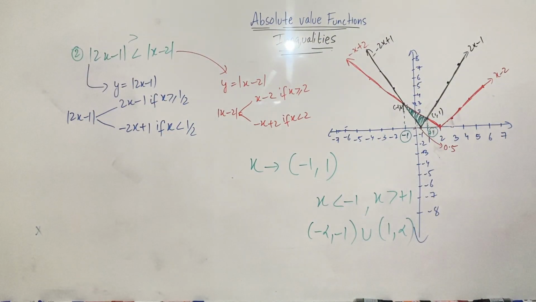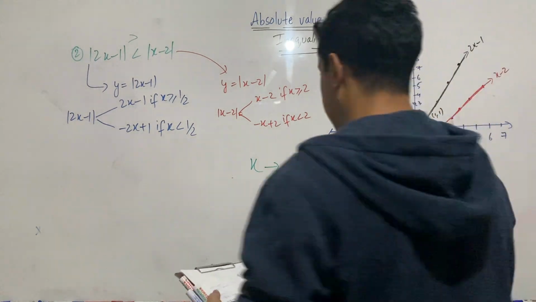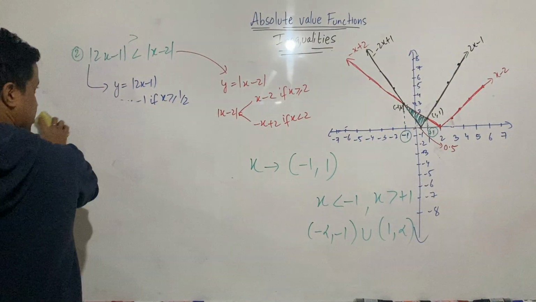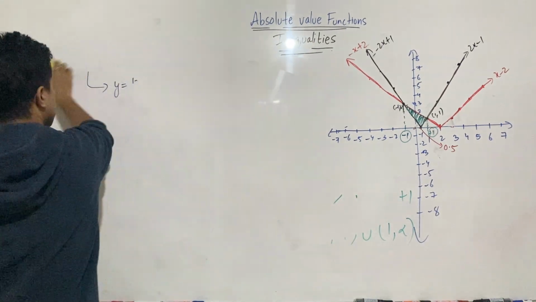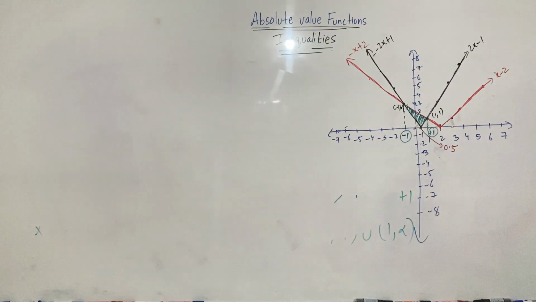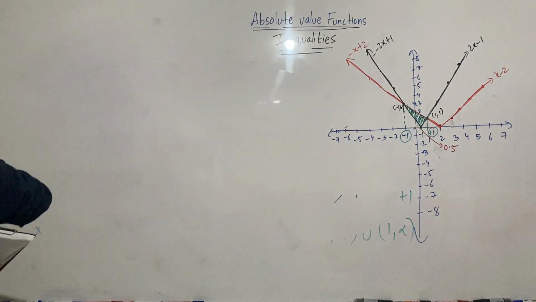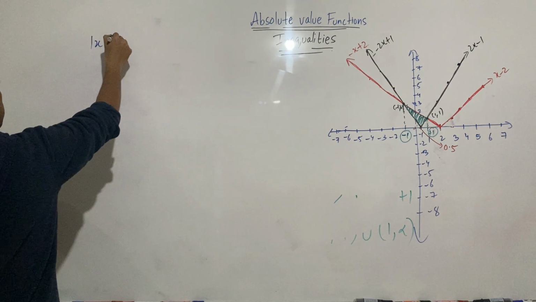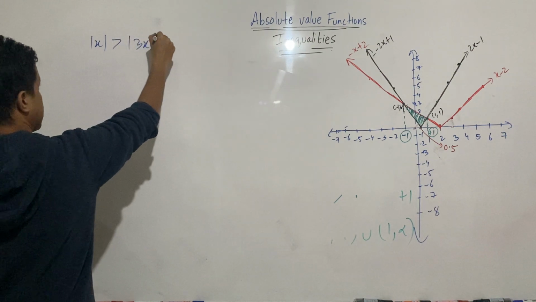Okay, there is one more question. This question also appeared in one of the exams, I guess in 2011. The question says, this is a nice question: absolute function of x, and here greater than 3x minus 2.